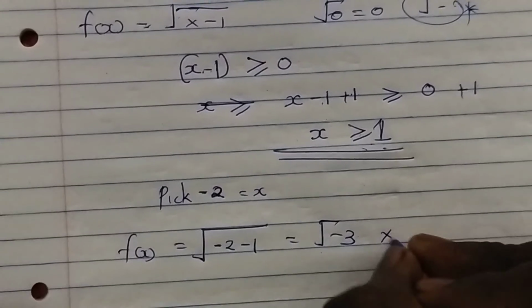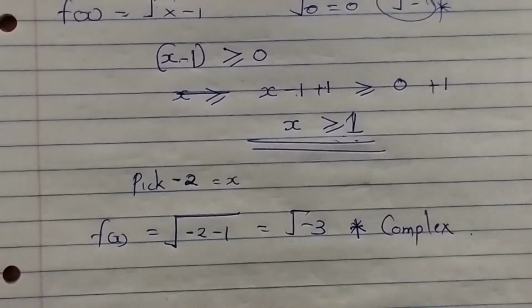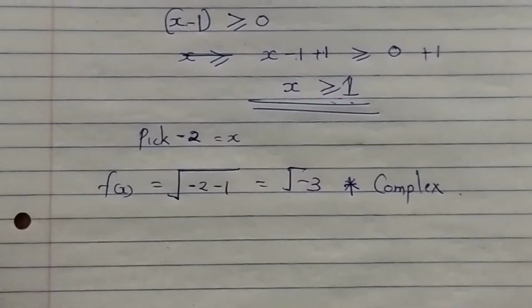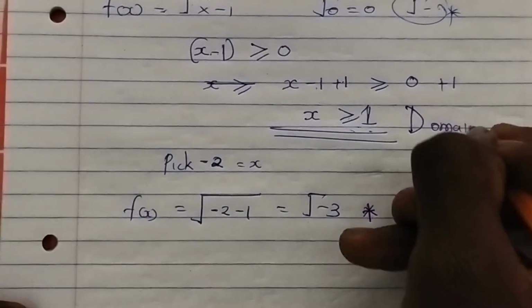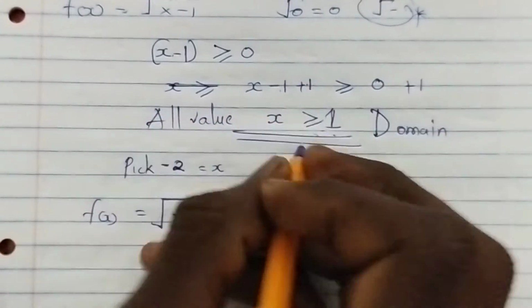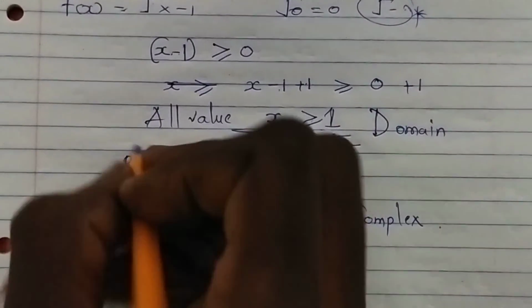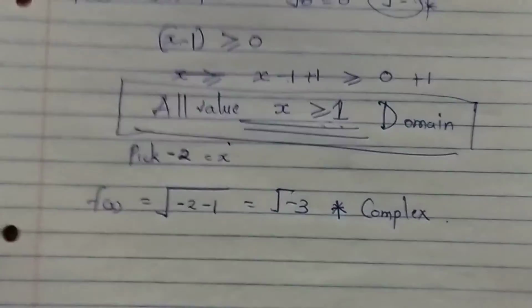And we have said root of negative 3 is a complex value, not real. So it means this value is not known. So this domain doesn't exist. So the domain for this example will be all values of x greater or equal to 1. That becomes our answer.